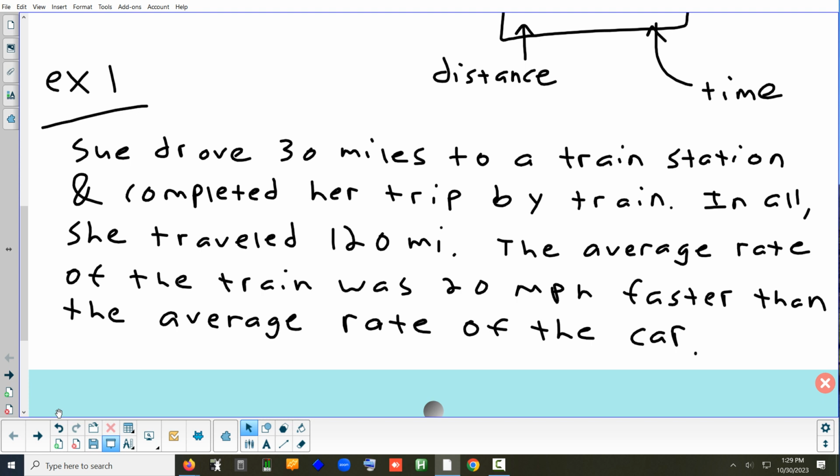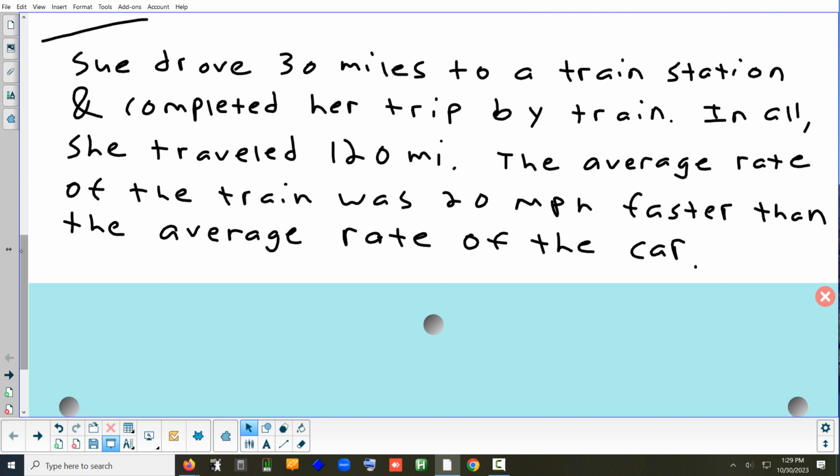So the important things: she drove 30 miles by car to the train station, got on the train, and then traveled a total of 120 miles. That's the total trip. And the average rate of the train is 20 miles an hour faster than the car. So any question on the information that's given, or anything there that's not clear?